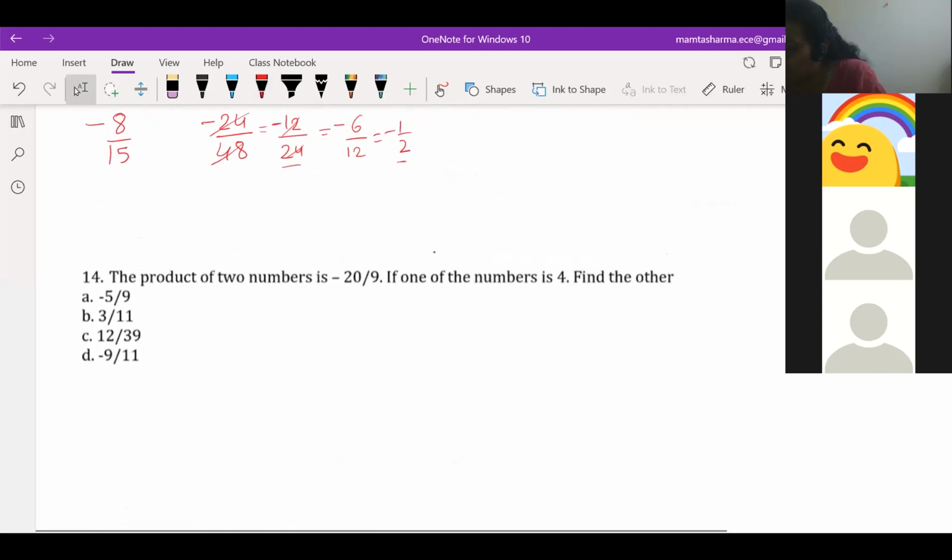If the product of two numbers is minus 20 by 9, and if one of the numbers is 4, find out the other number. Try it, all the students, please try it. And who cannot find it, let me know.